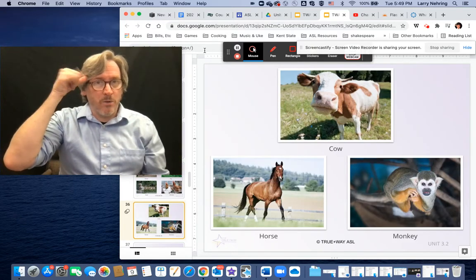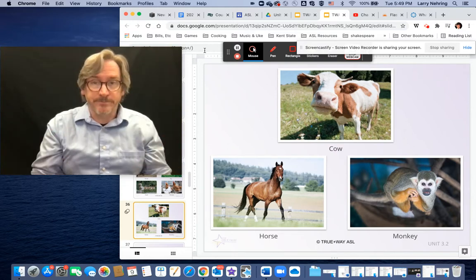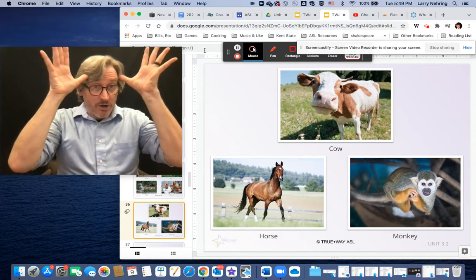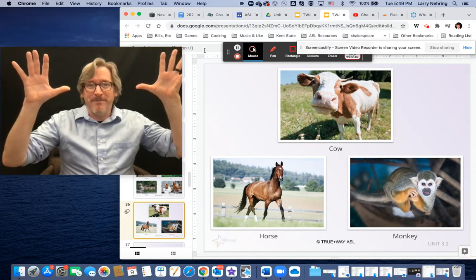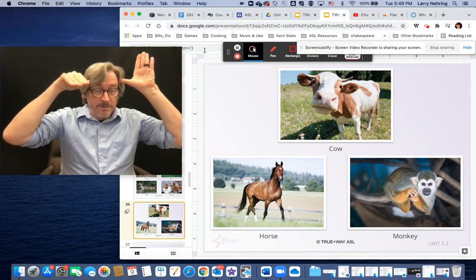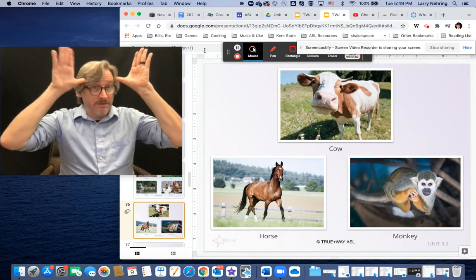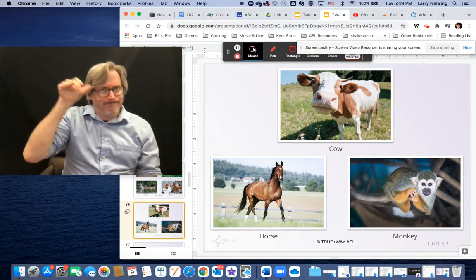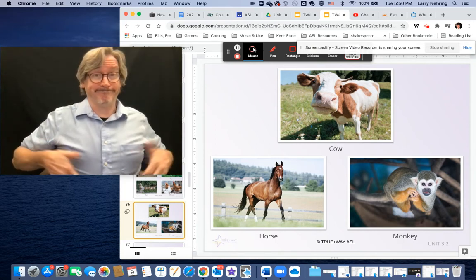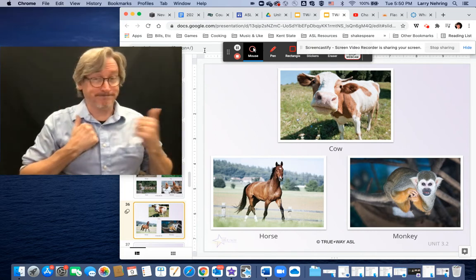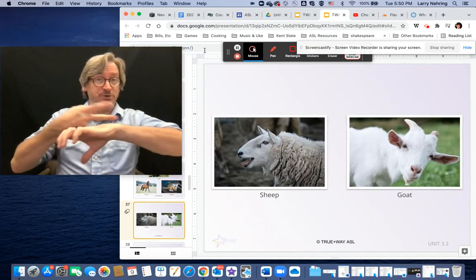Cow. Horse, horse, horse. You'll also see deer, moose, donkey, and the sign for stubborn is this. It comes from donkey. Monkey, gorilla, sheep, because you shear the sheep.